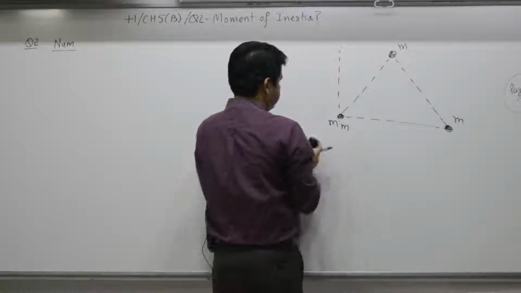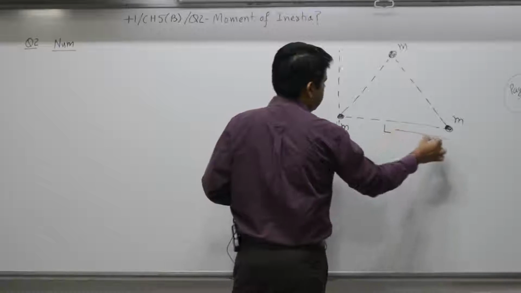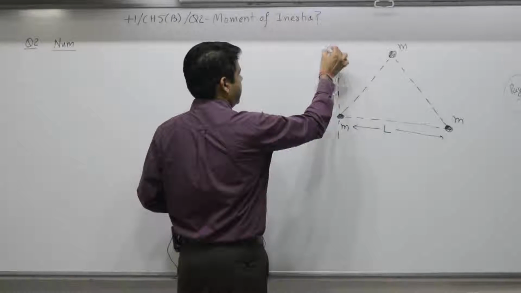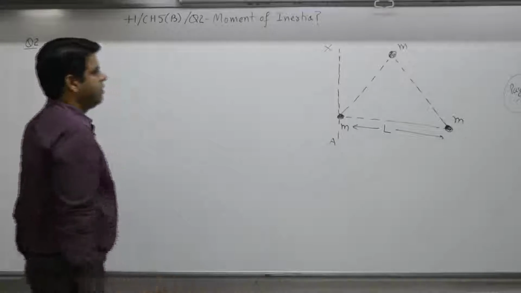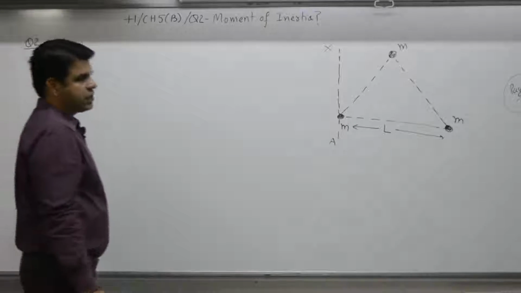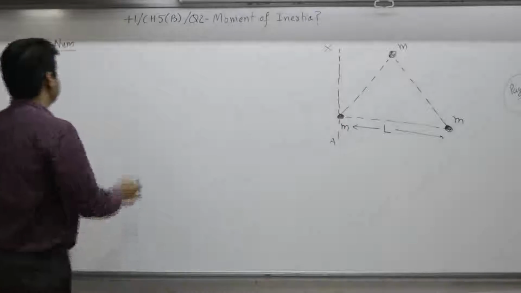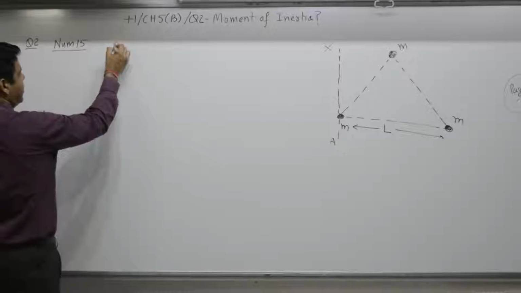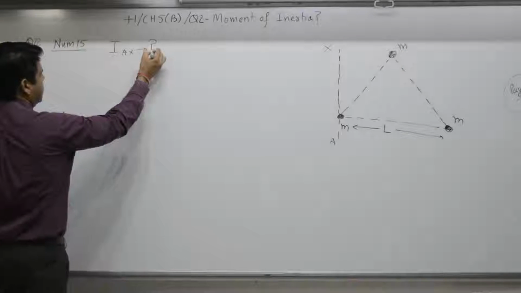Each side is L. This is axis XA. It is an equilateral triangle, all sides L, all angles 60 degrees. It's in the book, numerical number 15, you need not refer. Find moment of inertia about AX. Time with you is 2 minutes.